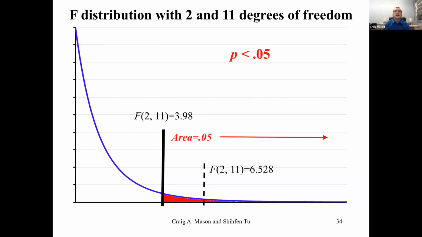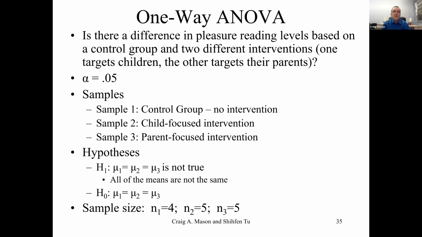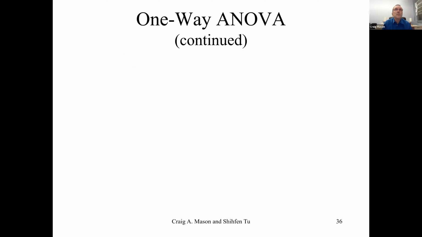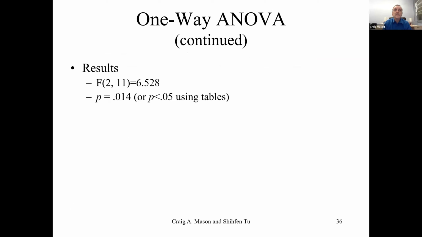So we can come back, and let's summarize it. Here's where we left off. Let's keep going. Our results: we had an F with 2 and 11 degrees of freedom, which gave us an F of 6.528, which has a p of 0.014.